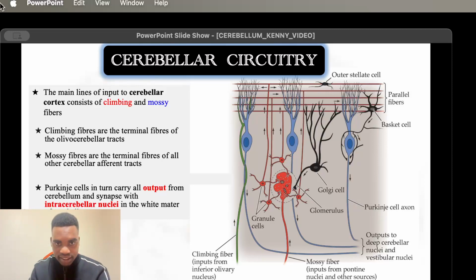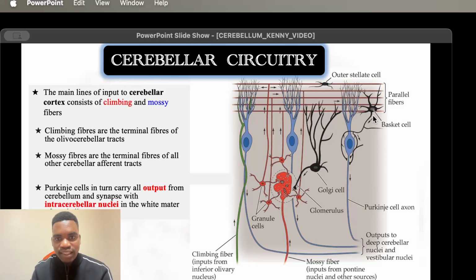I think this is a simplification of what I've said. So this is the cerebellar cortex, and these are the main cells that are found there. This is the Purkinje cell. There is a basket cell here.